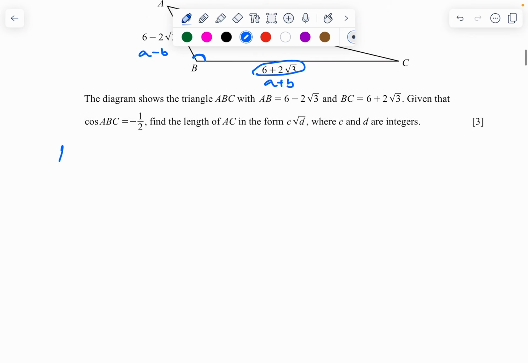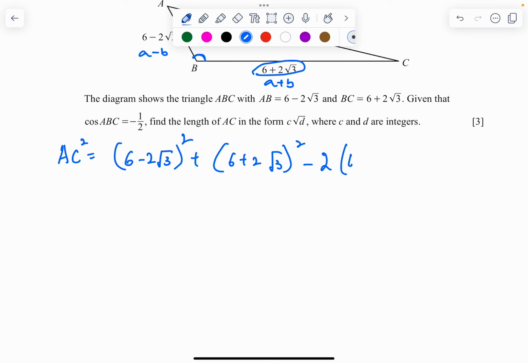So AC squared equals 6 minus 2 square root of 3 whole squared plus 6 plus 2 square root of 3 whole squared, using the cosine rule, minus 2 times 6 minus 2 square root of 3 times 6 plus 2 square root of 3 times cos ABC, which is negative 1 over 2.